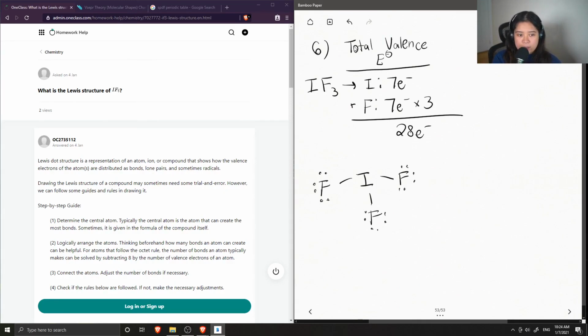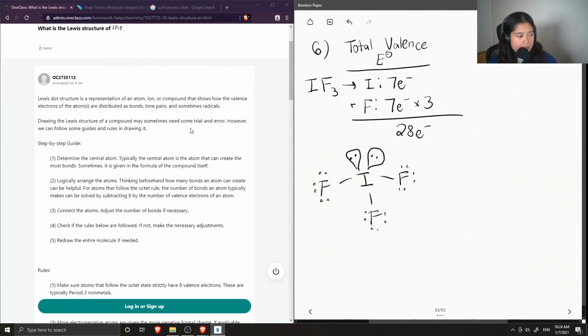So for the remaining 4, I'm going to add them as lone pairs around the iodine. Now we're left with the following Lewis structure.